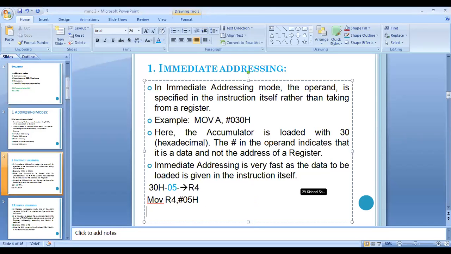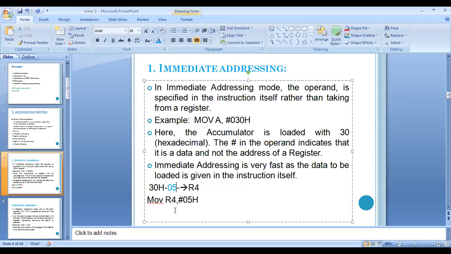Now see here. This is the immediate addressing mode. Now I will tell you the same example and perform it with the register addressing mode. इथं मी तुम्हाला काय सांगते की perform the same operation, that is assigning the value of 05 to R4 by using the register addressing mode. What I come to know about the register addressing mode is that I have to mention the register name in the instruction, not the data.